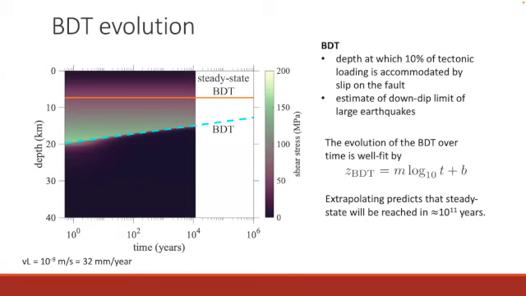Well, it's an interesting question. I didn't include any dynamic weakening like thermal pressurization during the earthquake, and the first effect that would have is to decrease the amount of frictional heating. I don't think I put any figures in here, but I did a lot of work where I just turned off frictional shear heating as a very rough proxy for that. But what that doesn't include is that when you have something like dynamic weakening, it changes the stress on the fault.